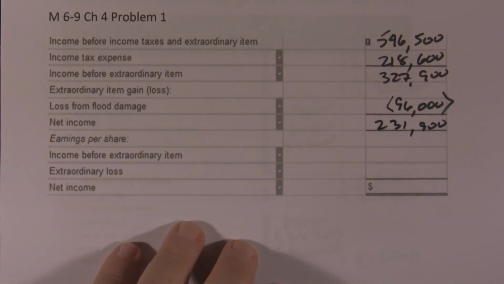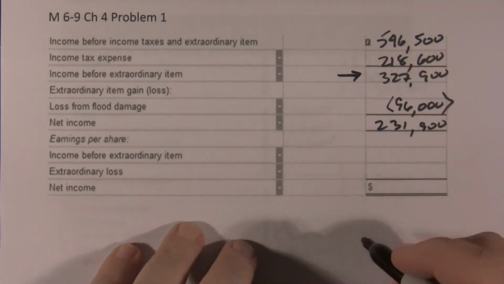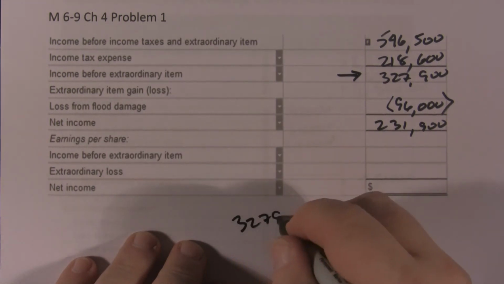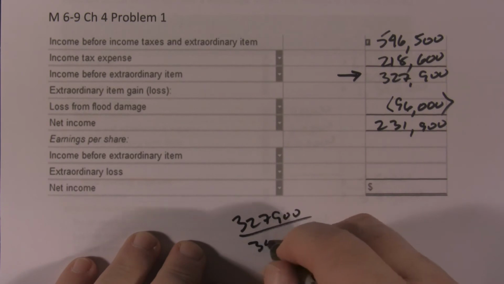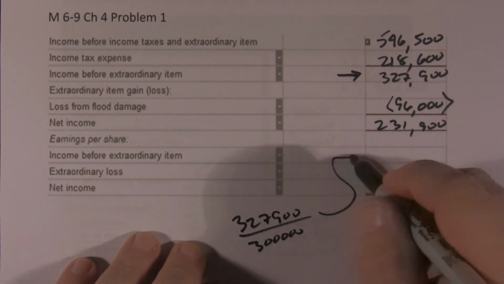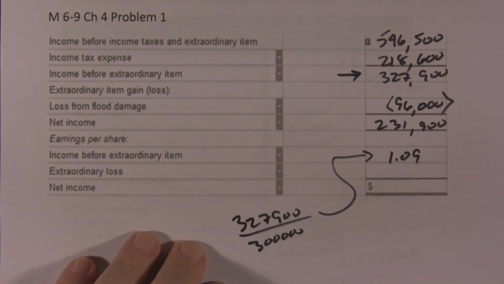And now we're going to do our earnings per share. We're going to take this $327,900 divide by the 300,000 shares, and our income before extraordinary item is $1.09.